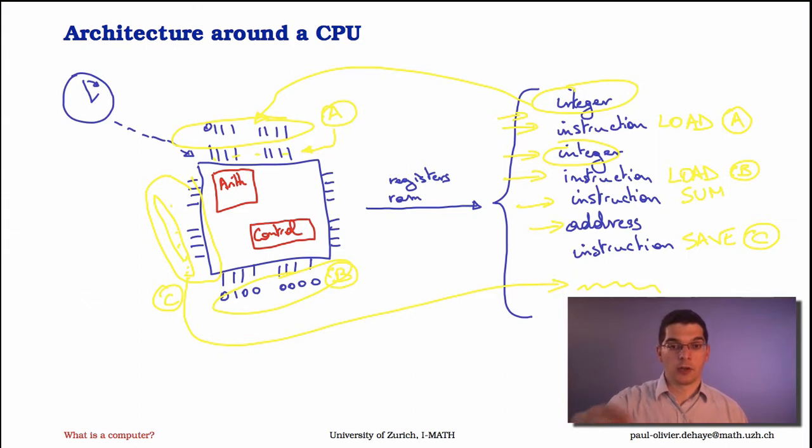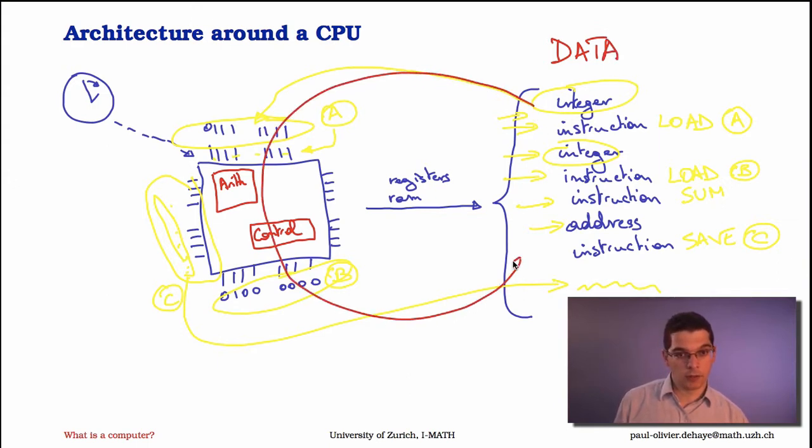And if you look a little bit carefully, what happens is that there is data that always has to go through the CPU to get some action performed, and more data is returned and inserted back.